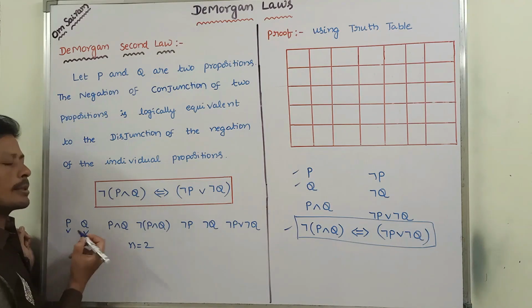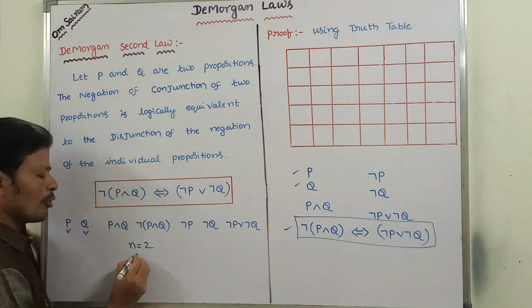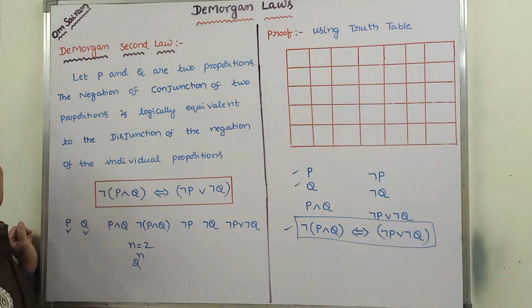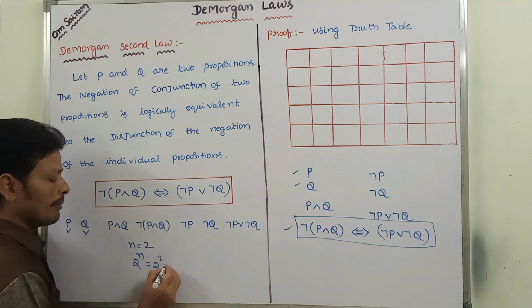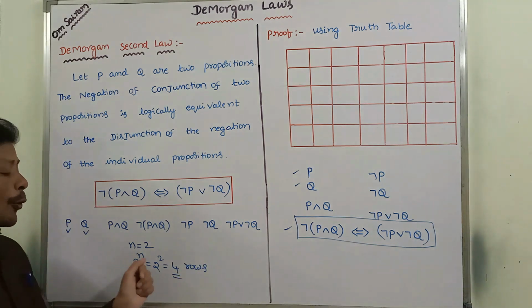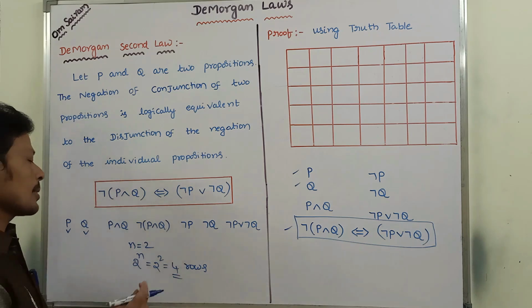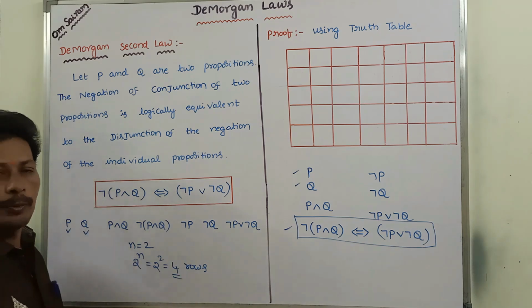With 2 propositions, how many possible combinations of truth values do we get? 2 power n. Substituting n, we get 4. So 4 rows are present in the truth table. That means 4 possible combinations of truth values of propositions P and Q.